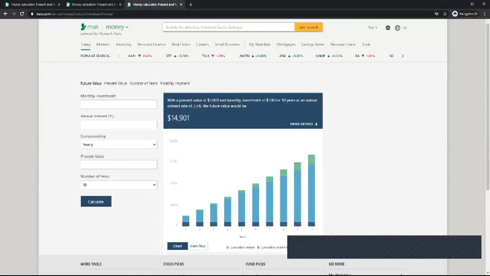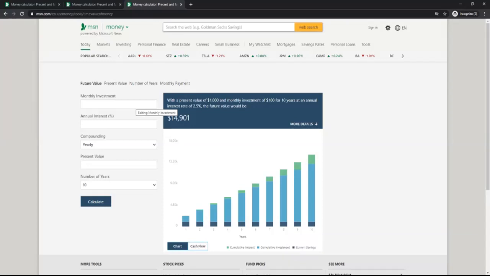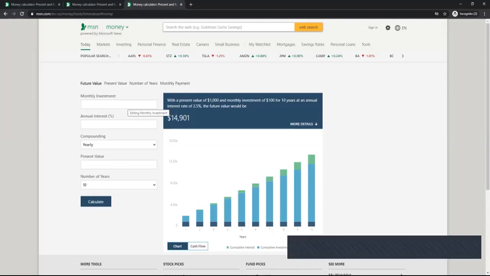This calculator shows you how interest earns interest, so how your money can grow. What you earn from investing also earns revenue. It's called compound interest.